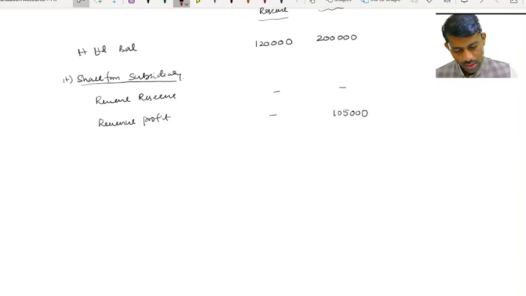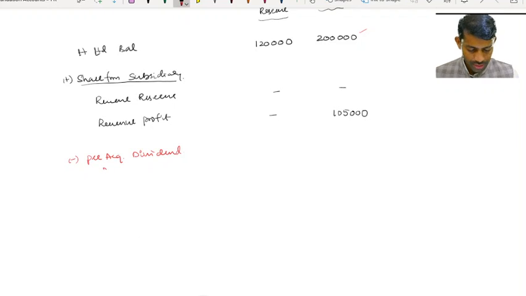In this P&L, in this 2 lakh, H Limited's pre-acquisition dividend was wrongly included and credited to P&L. Therefore, we are deducting the pre-acquisition dividend, which is 45,000 minus.